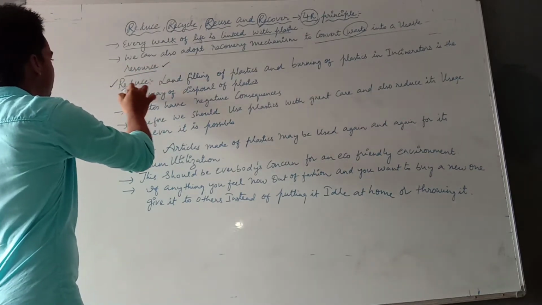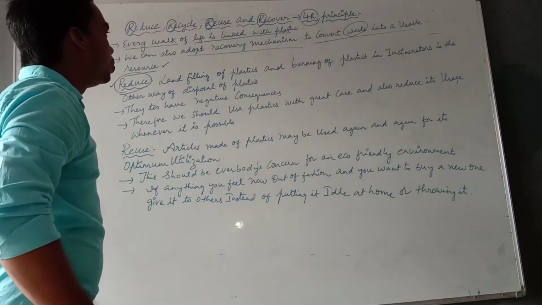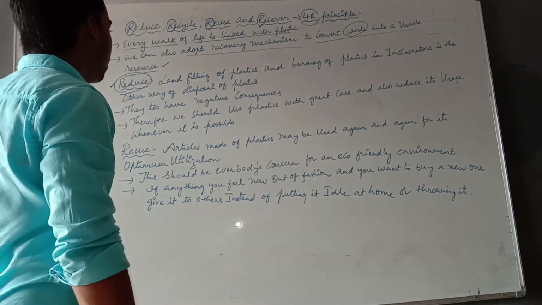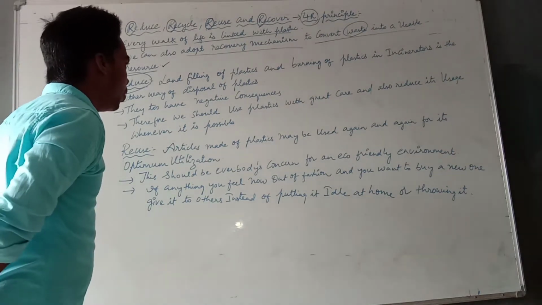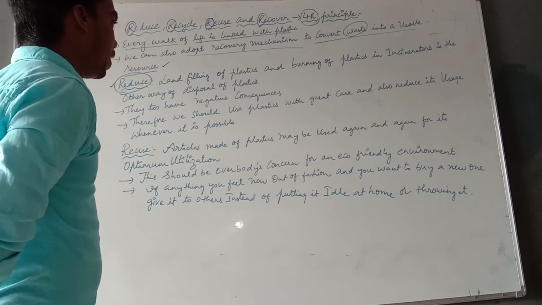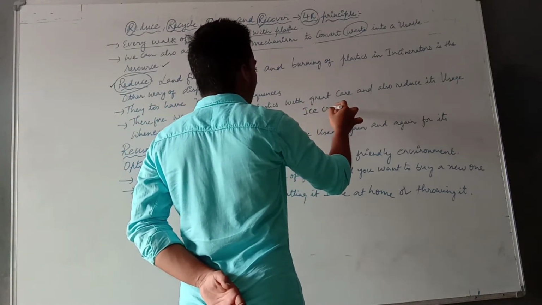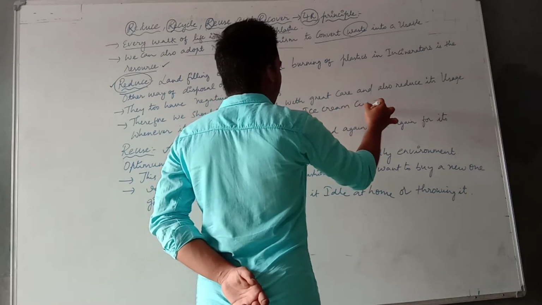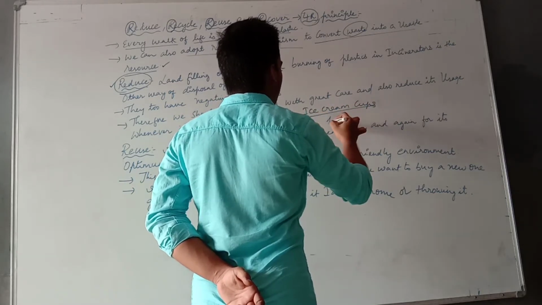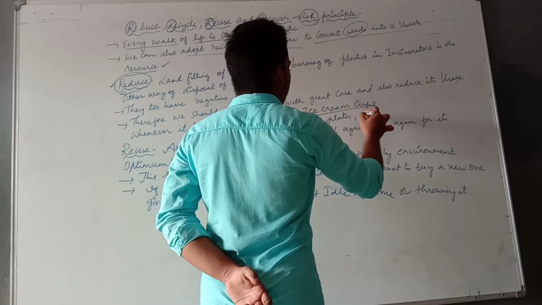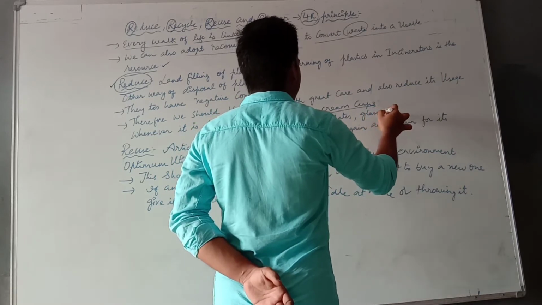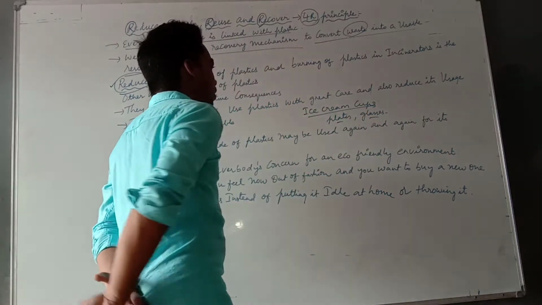First one is reduce. How to reduce plastic? If you go to functions, you might see different plastic items like ice cream cups, plates, disposable glasses. Everything is made up of plastics.